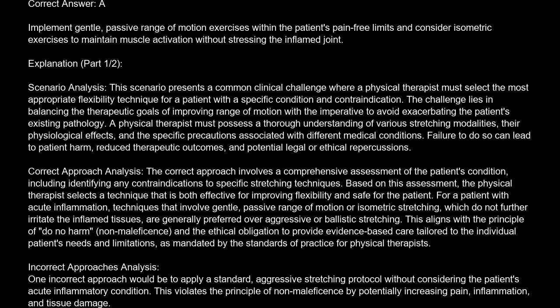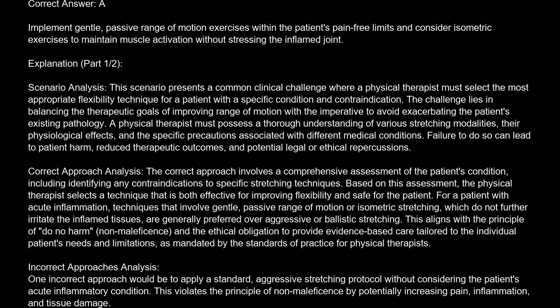Correct approach analysis. The correct approach involves a comprehensive assessment of the patient's condition, including identifying any contraindications to specific stretching techniques. Based on this assessment, the physical therapist selects a technique that is both effective for improving flexibility and safe for the patient.